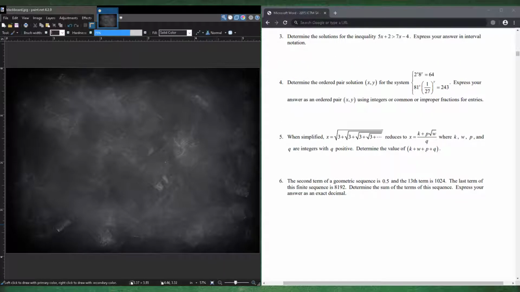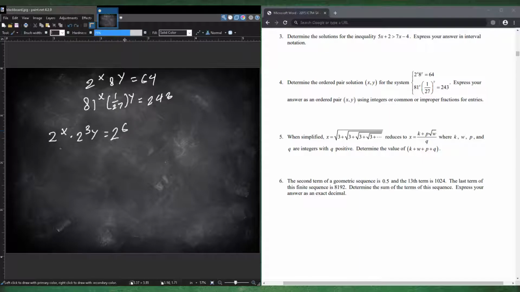Okay, number 4. Determine the ordered pair xy for the solutions 2 to the x times 8 to the y equals 64, and 81 to the x times 1 over 27 to the y equals 243. Express your answer as ordered pair xy. These are all base 2, so you could just write that as 2 to the power of x times 2 to the power of 3y equals 64, which is just 2 to the power of 6, counting 2, 4, 8, 16, 32, 64.